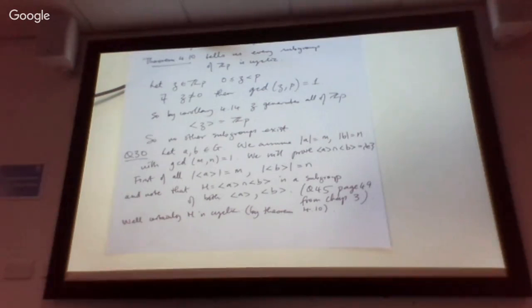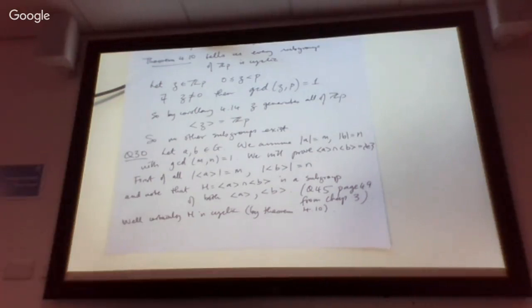Well, how can we get to this? First of all, the cyclic subgroup generated by A, the size of that is m. The cyclic subgroup generated by B, the size of that is n.